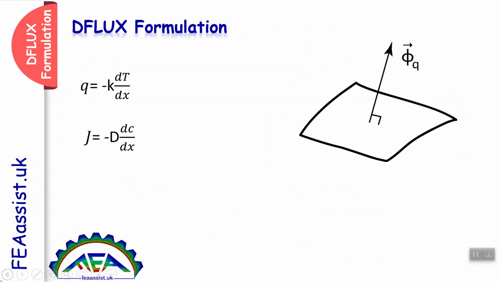Or for mass diffusion problems, it is a function of the derivative of concentration with respect to x. And in mass diffusion problems, flux is the amount of atoms, the amount of molecules, the amount of moving objects transferring through a unit of area in a unit of time.